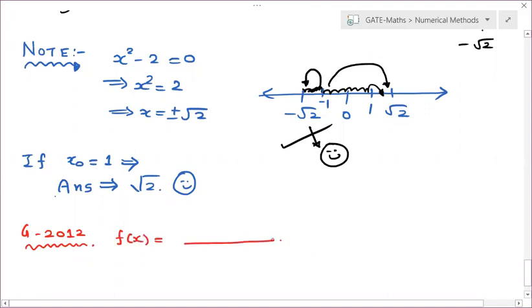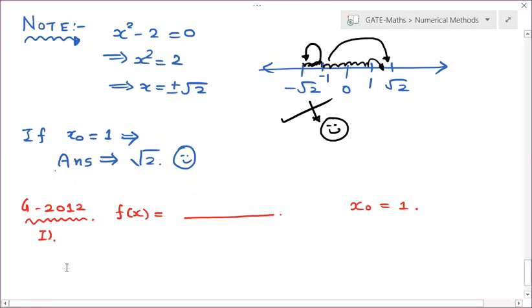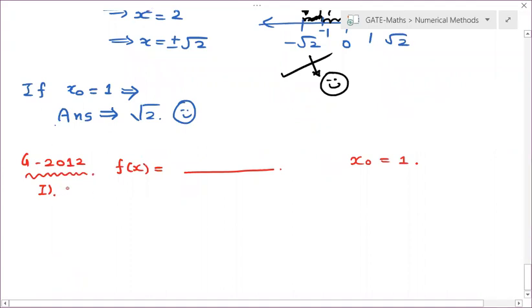They are asking us for the function. They have given us the initial approximation x0 is equal to 1, and they have given us two statements. The first statement is x3 equal to 3. See, x0 equal to 1, directly they have given x3. The second statement is that it converges to the root.